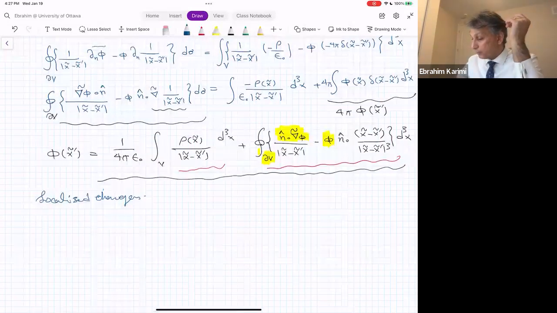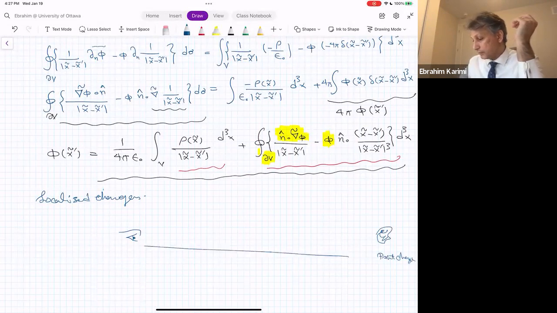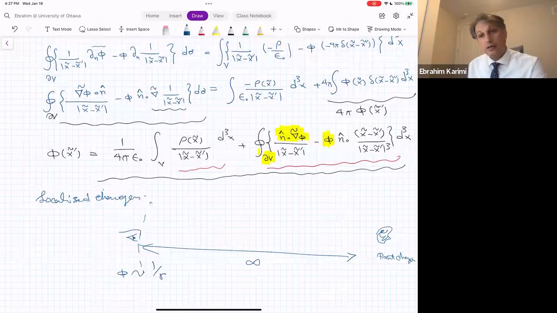If I'm far away from the charge distribution, I will see it as a point charge. I say this distance is infinity. When I see this charge distribution as a point charge, then the potential will go like a point charge potential, which means that it goes 1 divided by r. That will be the potential, right?